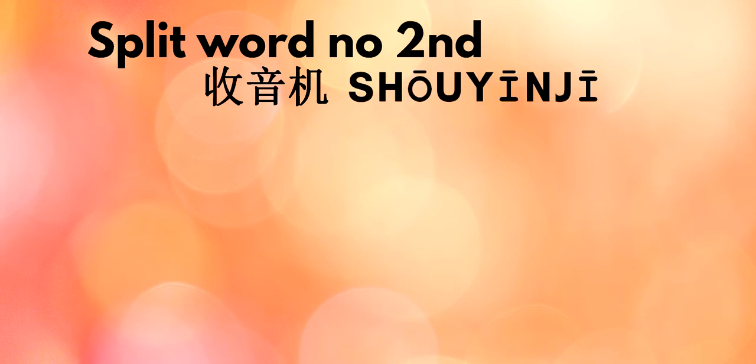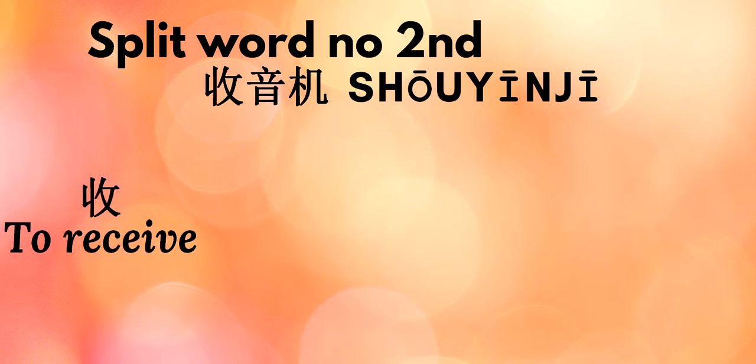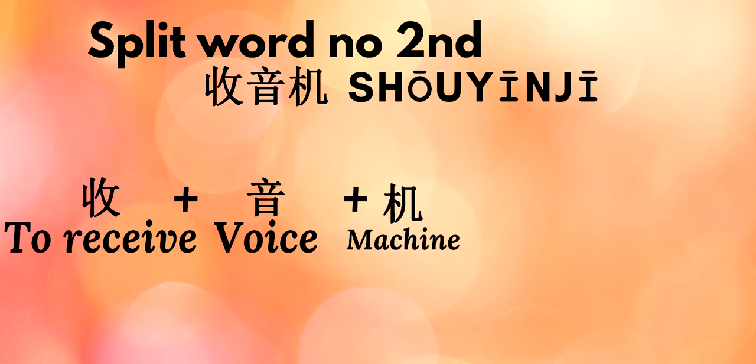The second split word is this, and this is the pinyin: shōu yīn jī. Let's split it now. Shōu means to receive. It is added with yīn, which means voice, and jī means machine, as you studied earlier.